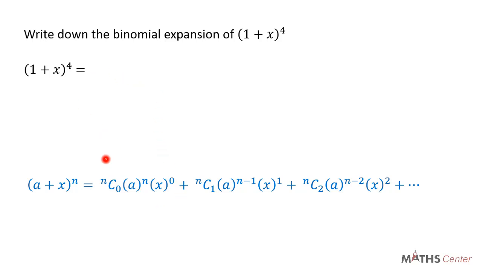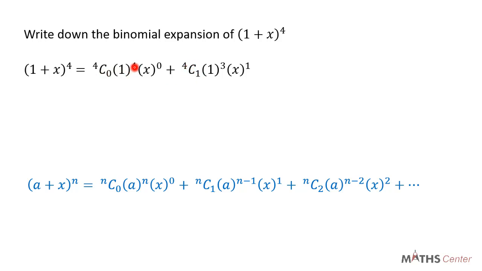So using the binomial theorem, the first term of the expansion will be 4 combination 0, then 1 exponent 4, x exponent 0. The next term will be 4 combination 1, 1 exponent 3, x exponent 1. So you move from 4 combination 0 to 4 combination 1.